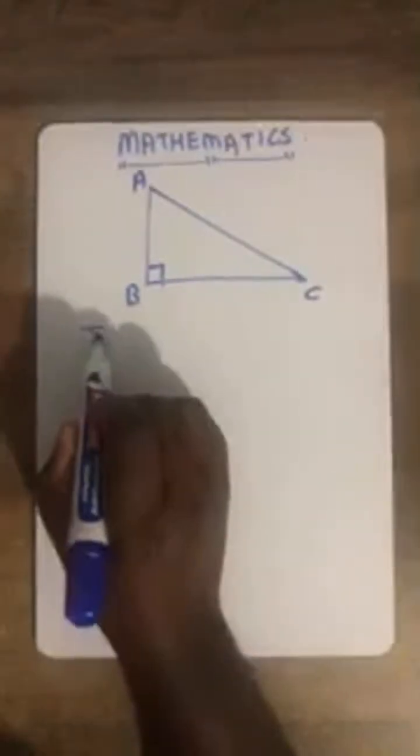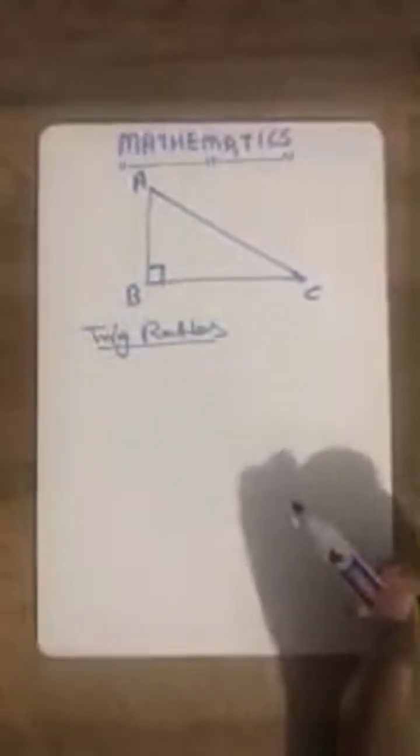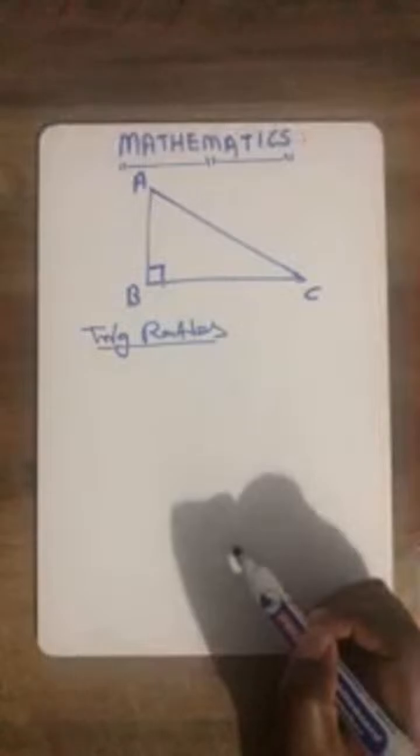Now let's talk about trig ratios. So the trig ratios is something over something. When you say something over something, it gives you a ratio that has a name, of which we can have a name being called cos, another name being called sine, another name being called tan.